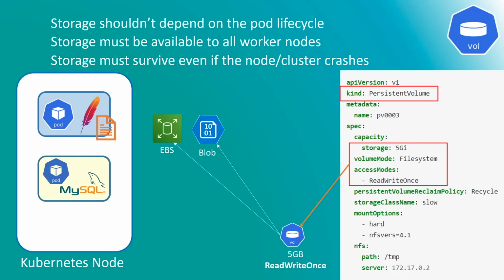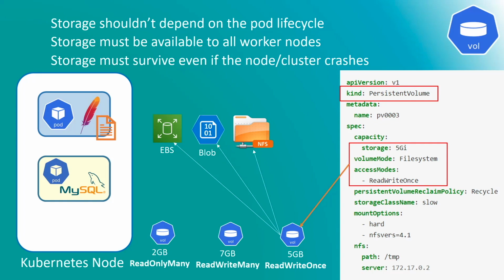It could be associated with network storage or cloud storage like EBS, blob, or even a physical storage like NFS files. And it can work as a cluster of volumes. We can have multiple volumes of different sizes and different access modes.